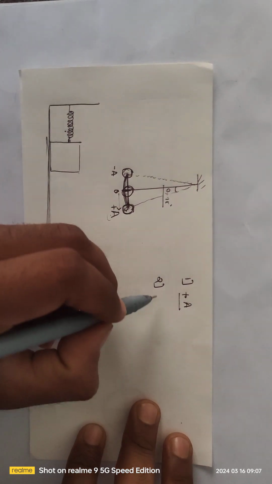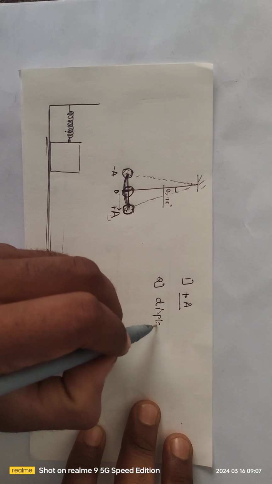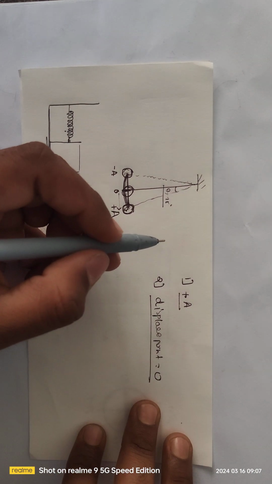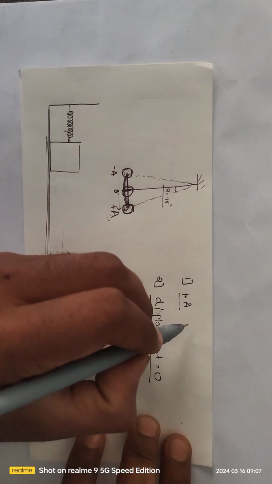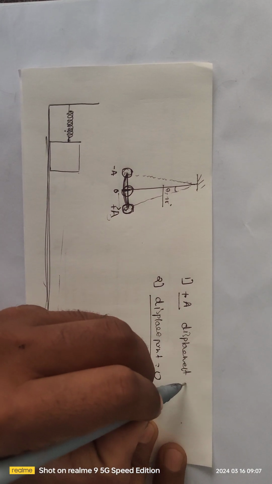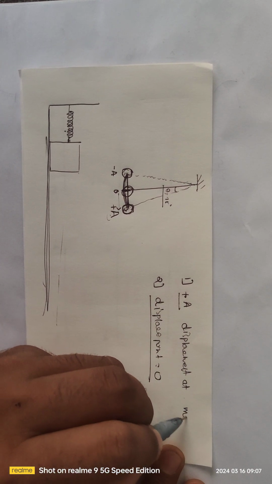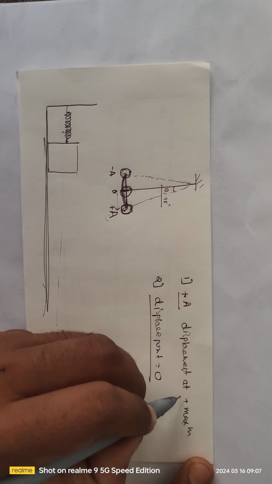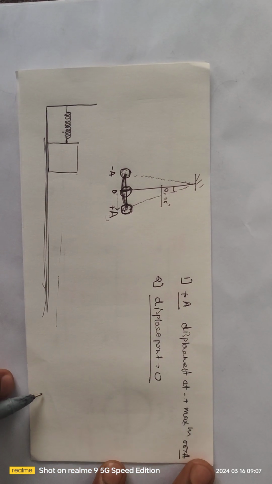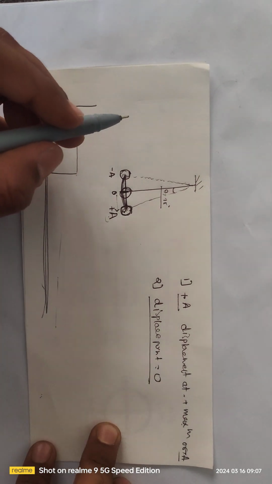So here the displacement is equal to 0, and here we can say the displacement is at positive maximum, or A. So what will happen here? It is a motion.